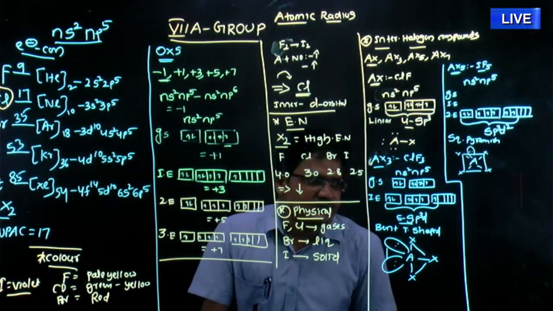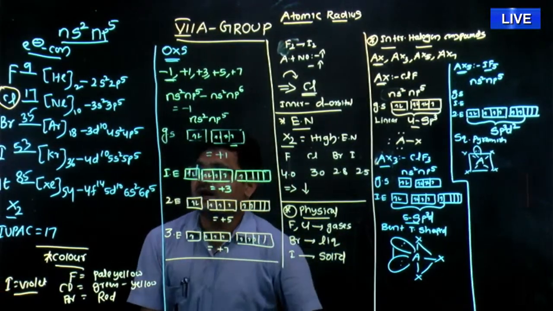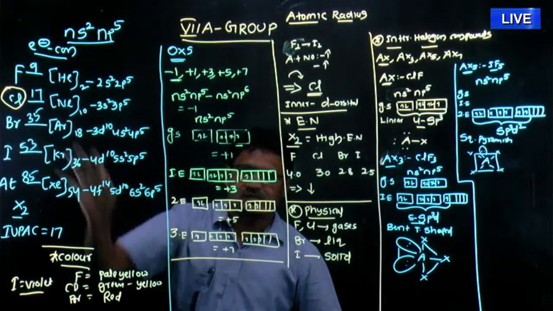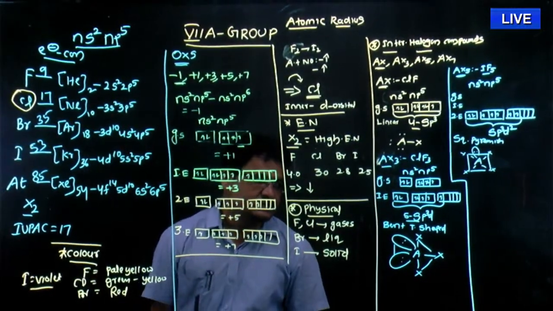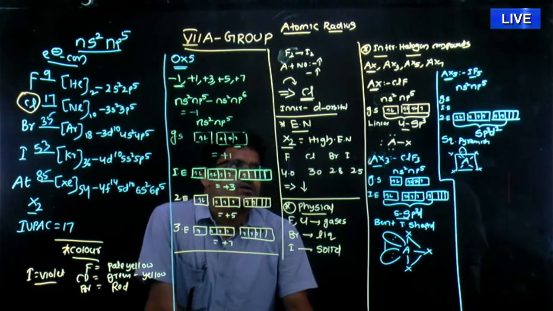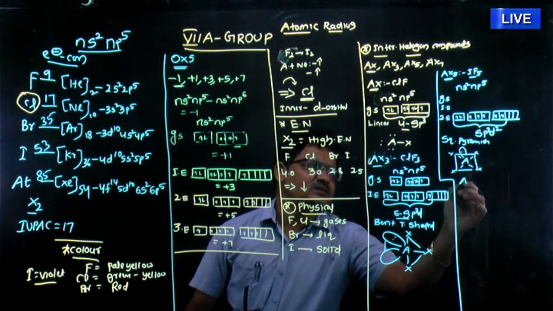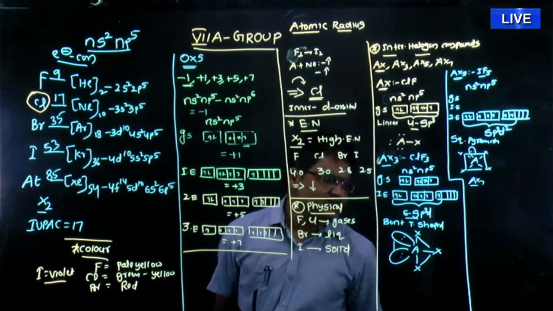Now after square pyramidal, we discuss the AX7 type. In this AX7 type, the best example is IF7.